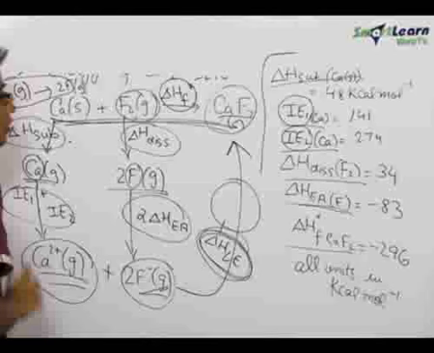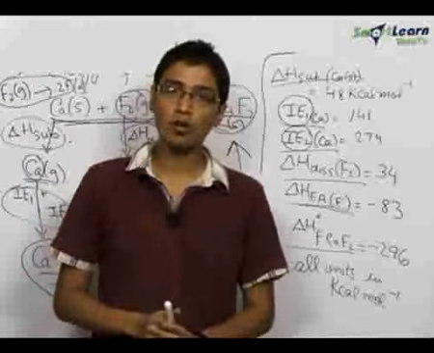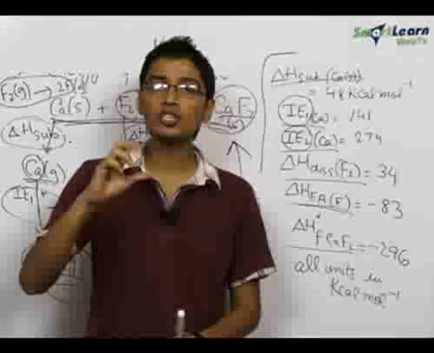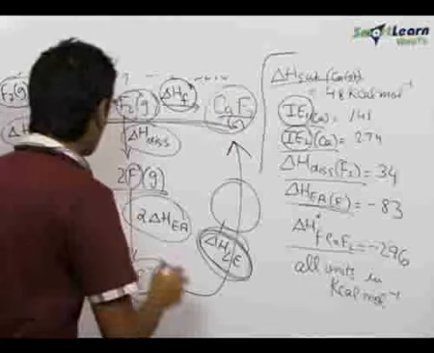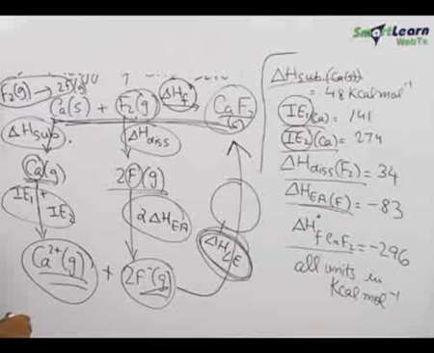What we are doing here is converting the entire reaction into constituent reactions, and then adding up all the different enthalpies to get the final enthalpy.